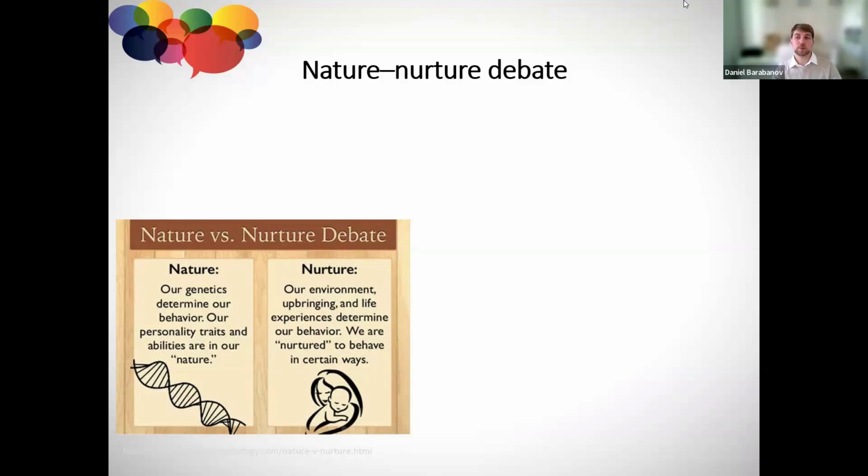Or if a person is bad, for example a criminal, is it because of poor nurturing conditions, or is it a genetic predisposition which we cannot change? Obviously, the result of such debates is crucially important for implementing different social practices, right?